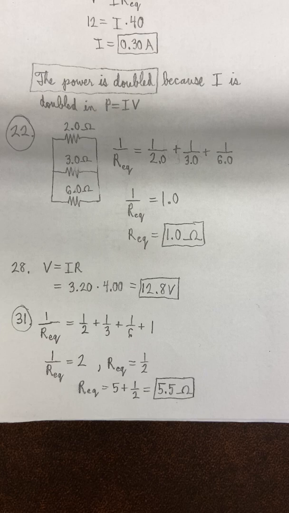And then we have to add, because we find one equivalent resistance, and we also know that we're putting that in series with another resistor, so that's why it's 5 plus 1/2. With series, you just add things up, and that gives us 5.5 ohms.